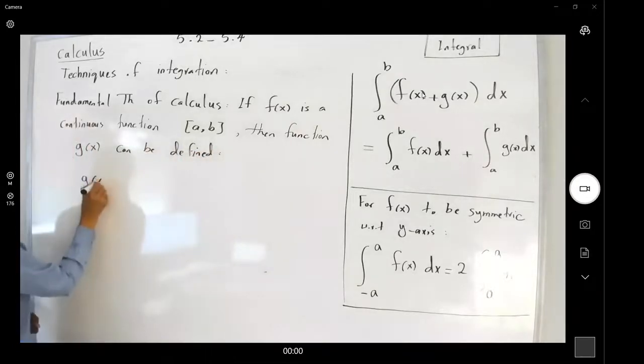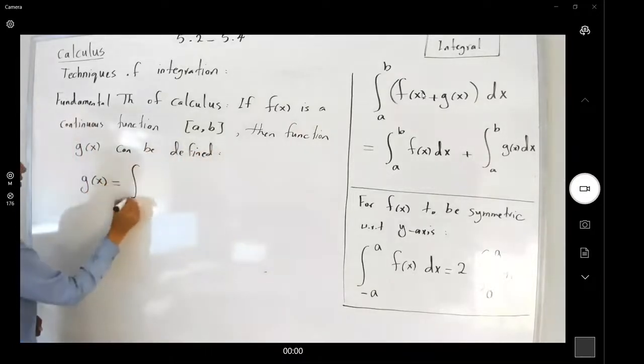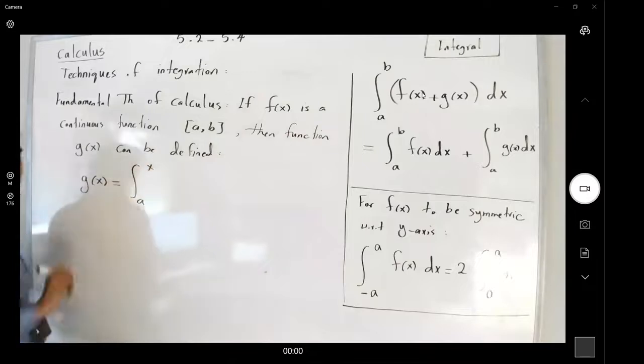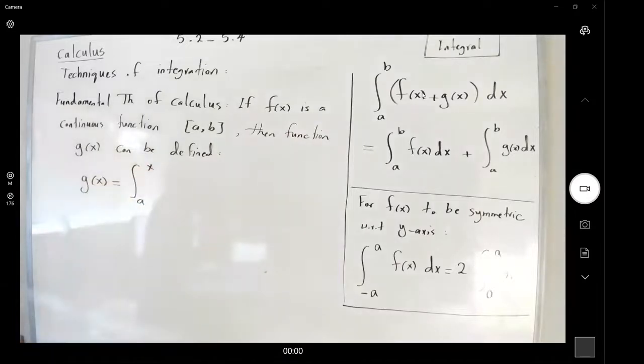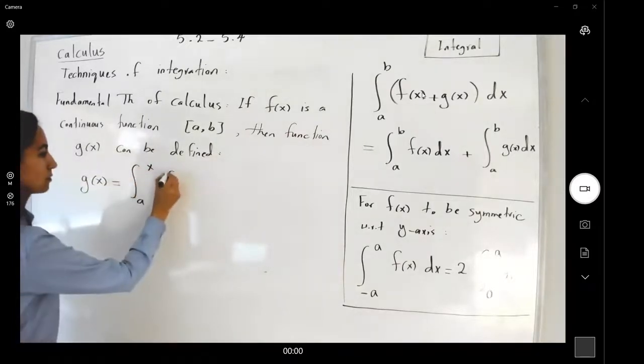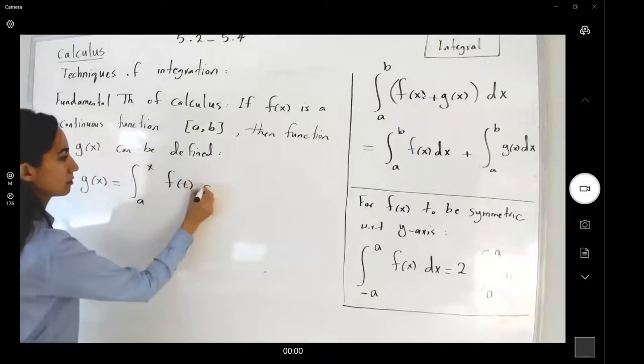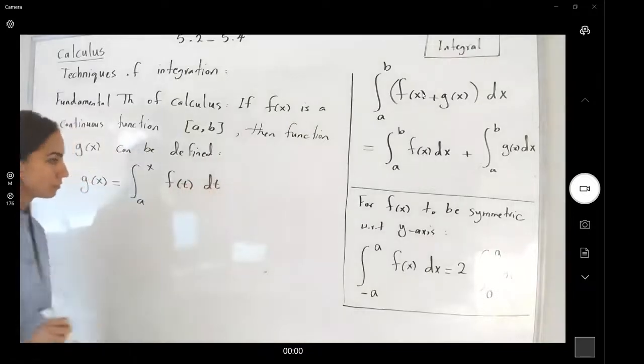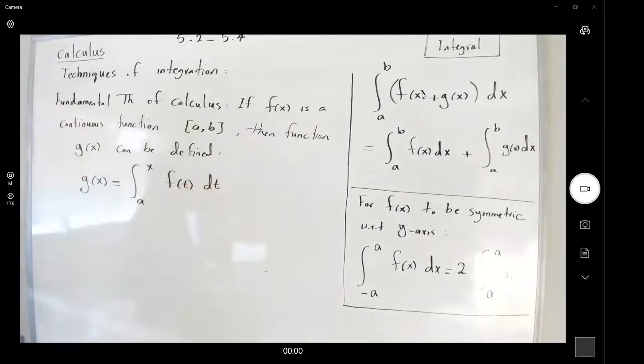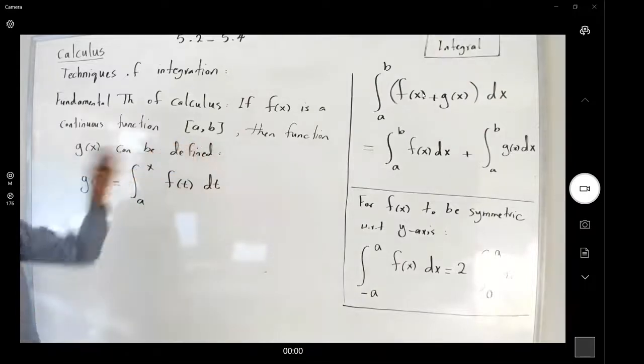Function g of x is equal to the integral from a to x of f of t dt. And your t ranges between a to x, and x is bounded between a and b.